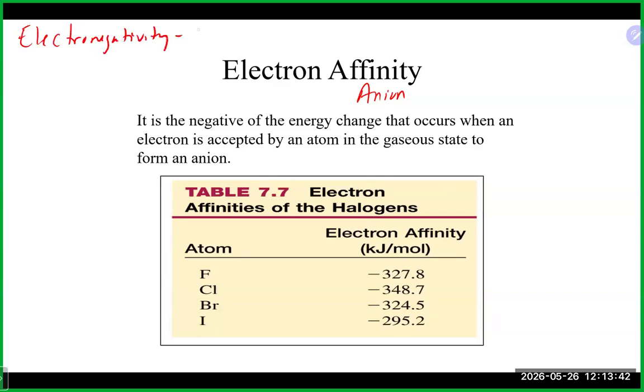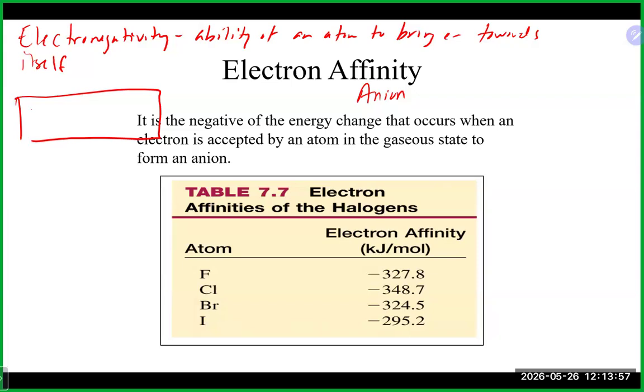And that is the ability of an atom to bring electrons towards itself. It also has the same trend, increasing as you go up to the right and decreasing as you go down, with our friend fluorine being the most electronegative you could have in this situation.